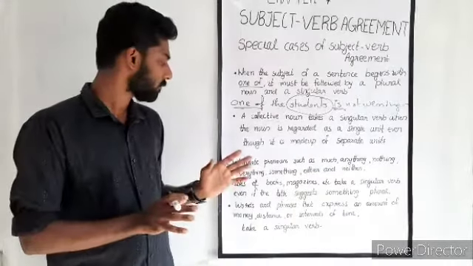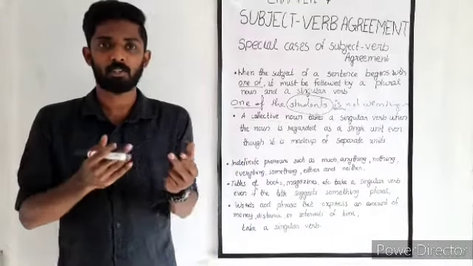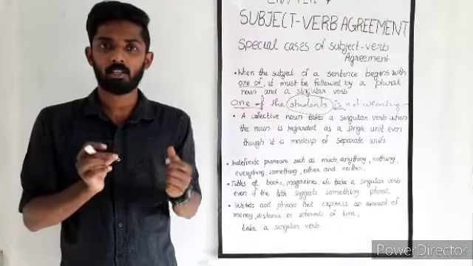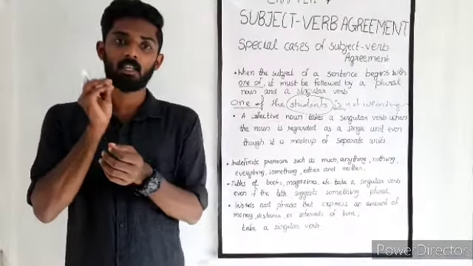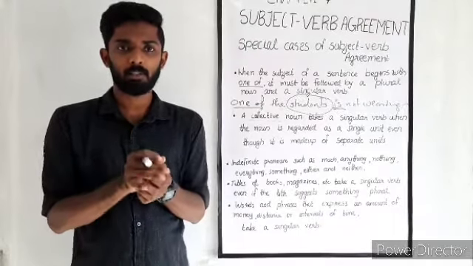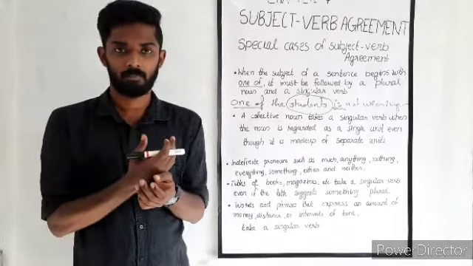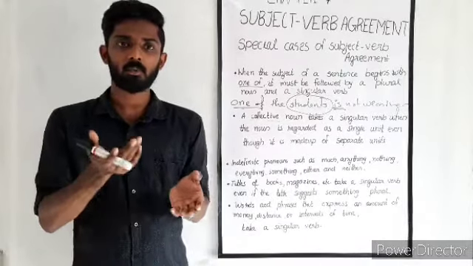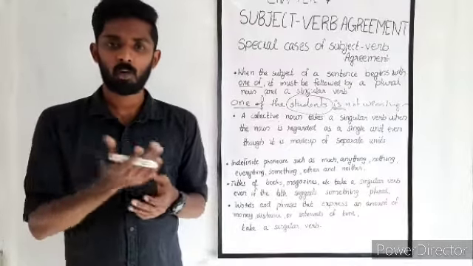And then the titles of the books, magazines, etc. take a singular verb even if the title suggests something plural. For example, Black Panther was quite a successful film. Or else, 20,000 Leagues Under the Sea was written by Jules Verne.